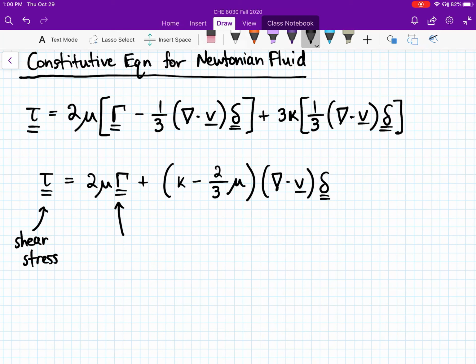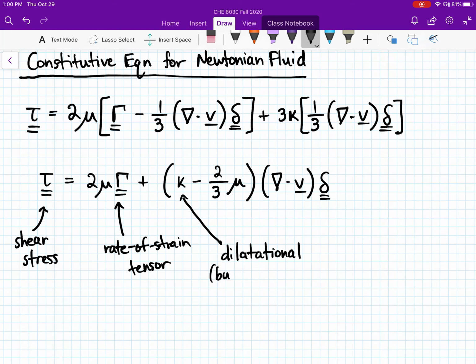This is uppercase gamma, I believe. That is our rate of strain tensor. Kappa here, lowercase kappa, that is our dilatational viscosity or bulk viscosity.